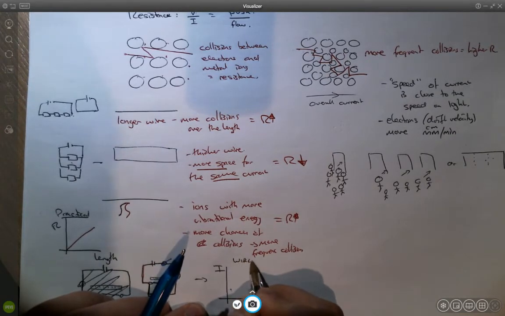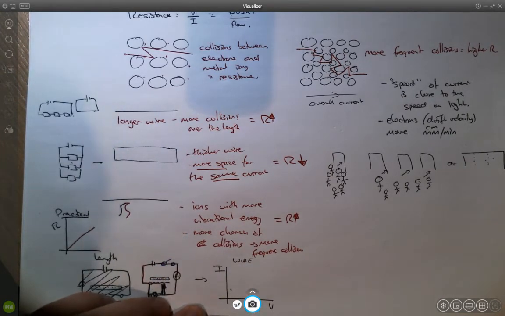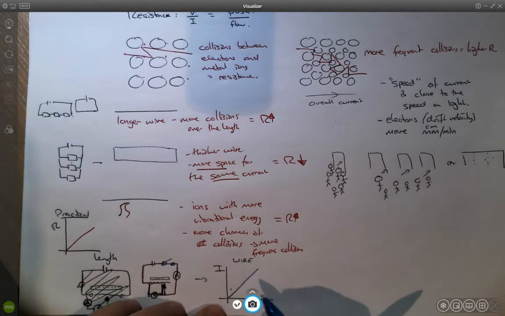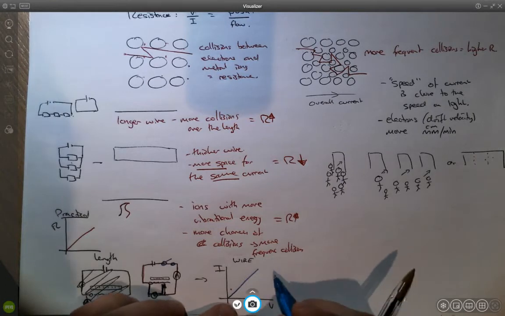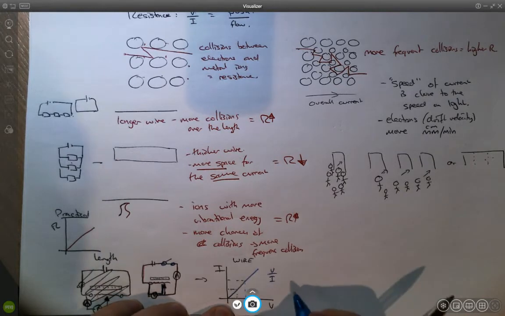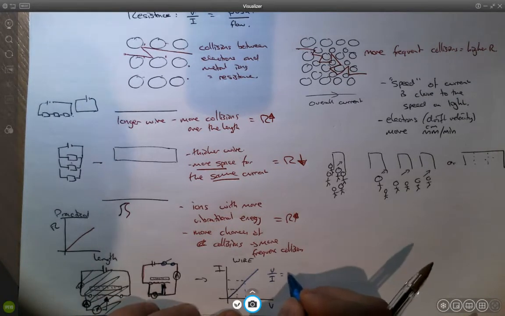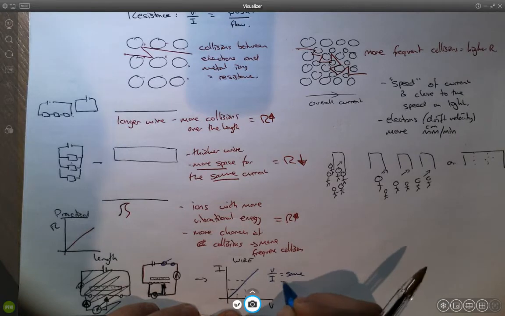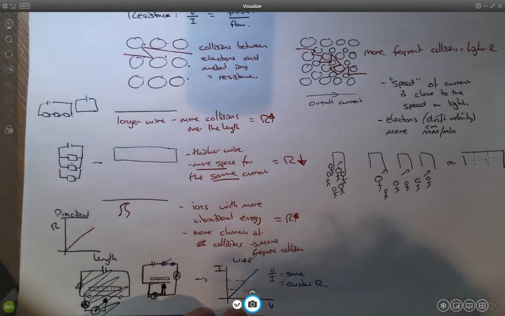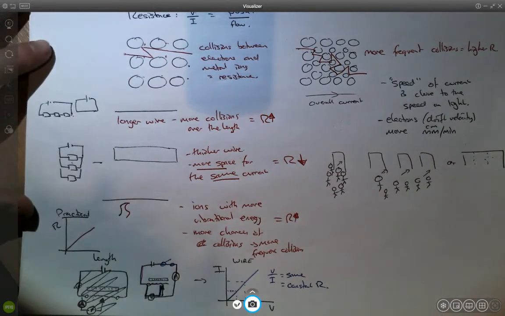If we now plot current against potential difference for a wire, we get a straight line. The ratio of V over I, every single place on this line is the same, which implies that it is a constant resistance for a wire, which leads us to Ohm's law.